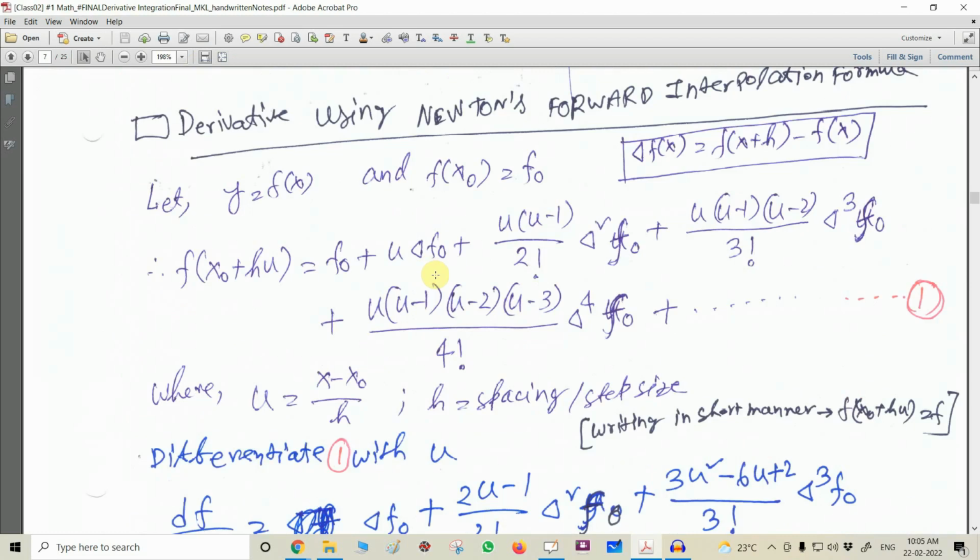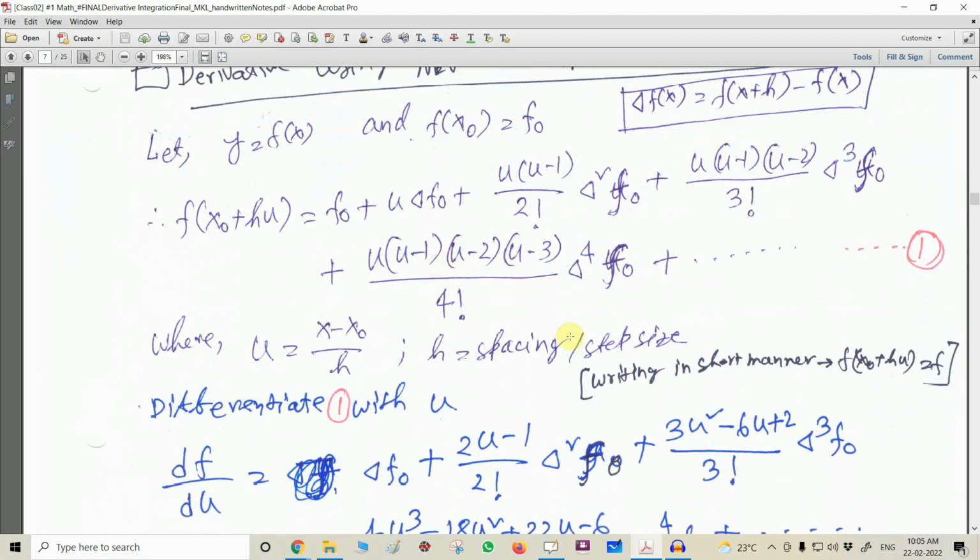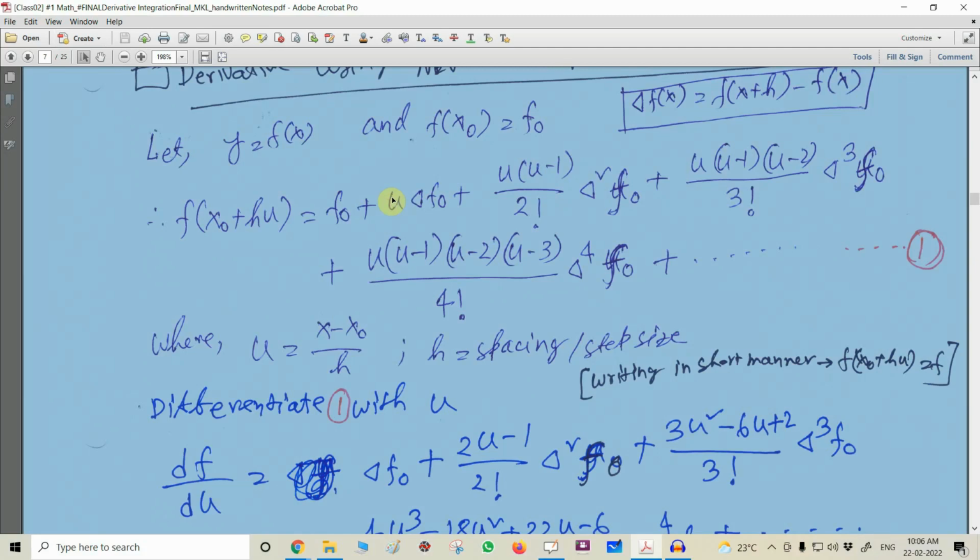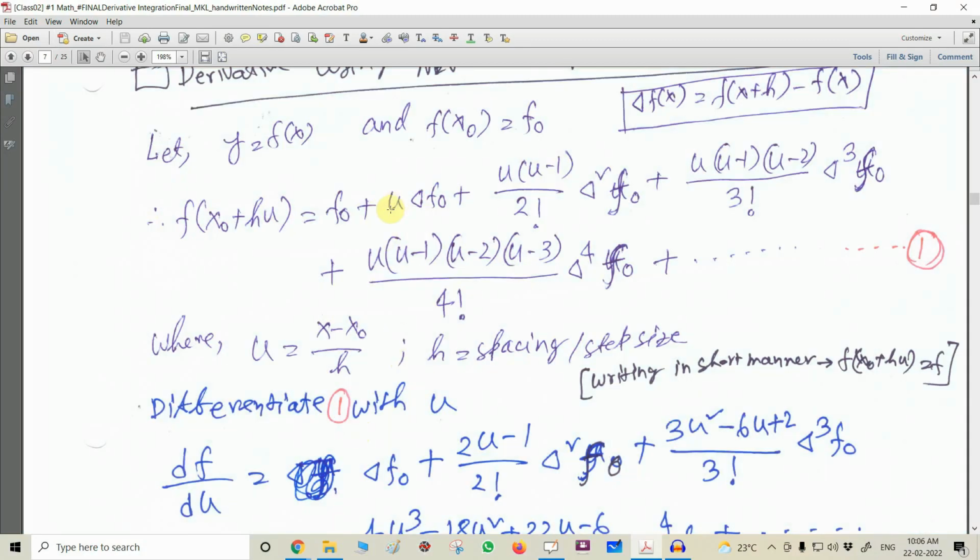Write this down, equation number 1. From this term you will have delta f0, because if you take du of u, it equals 1, so that's why you have only delta f0.